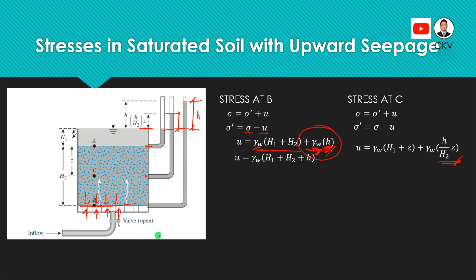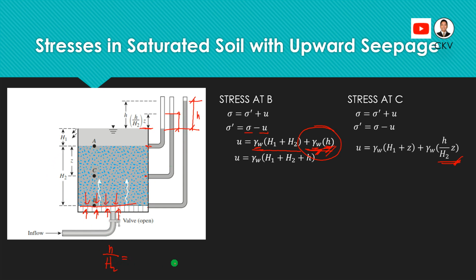So where did that come from? We just take the ratio of the pressure head difference between point A to B and point A to C. So the ratio of pressure head difference with respect to its depth. Considering point A to point B, the pressure head difference is H, and the depth is H2.